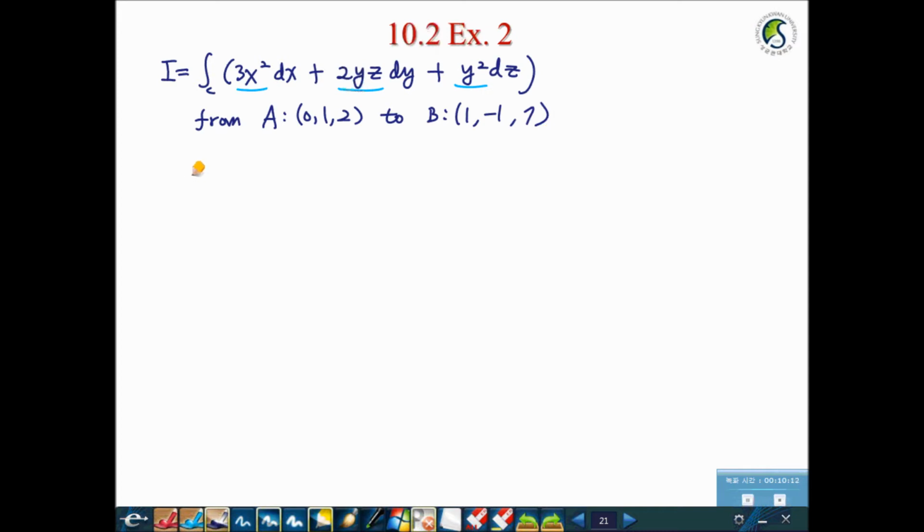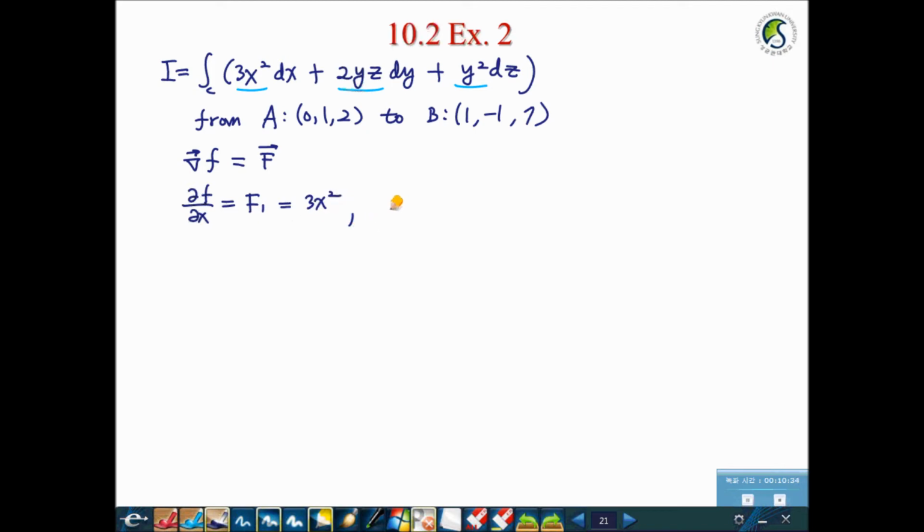Then, our assumption is del f is the vector field F, right? So df over dx is F1, the x component of the vector field, and that is 3x squared.